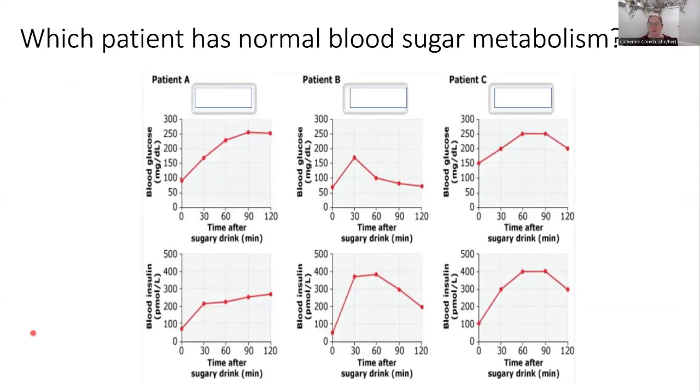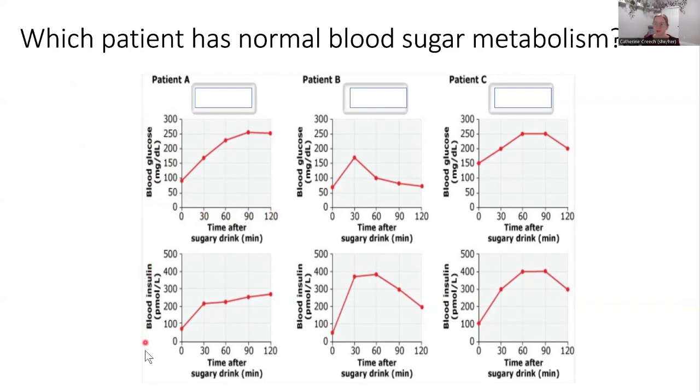So here we have 3 people that had eaten a donut and a soda. We have patient A, patient B, and patient C. And we have 2 graphs for each of them. The first graph is blood glucose level from 0 to 300. And then we have time after they drank their cola and ate their donut in minutes, so 0 to 2 hours.